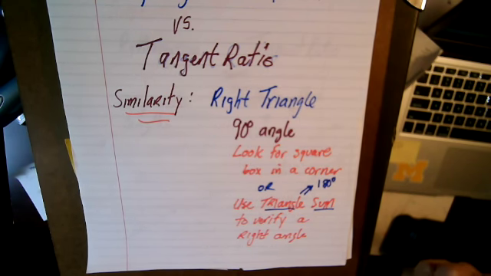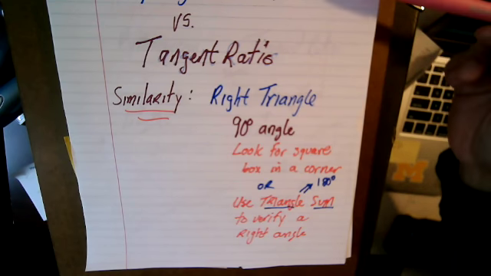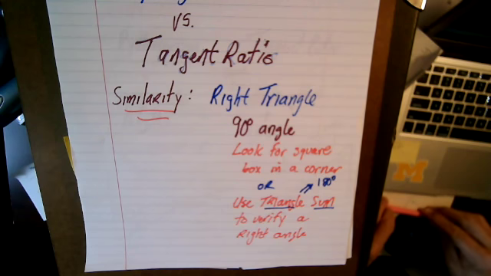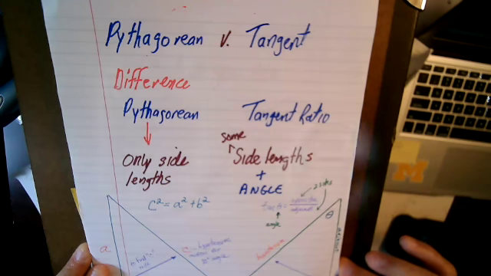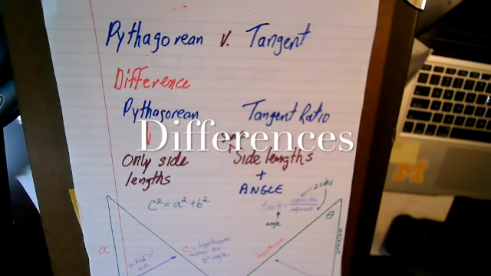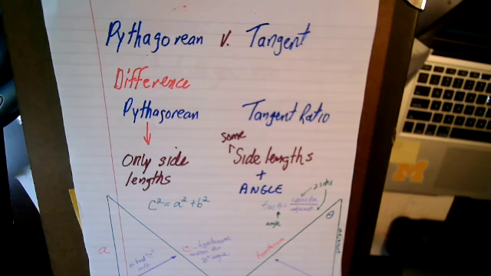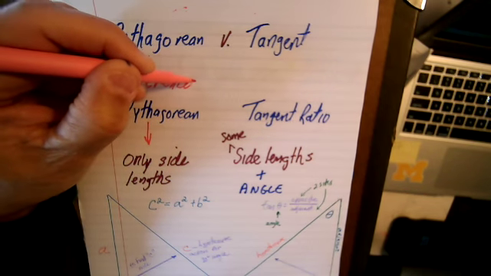But whatever the case, we can only use the Pythagorean theorem and the tangent ratio when we have a 90-degree angle. And as we consider the Pythagorean theorem versus the tangent ratio, not only are there similarities, the similarity being they're used for only right triangles, there are differences. And the key difference has to do with what we're given.